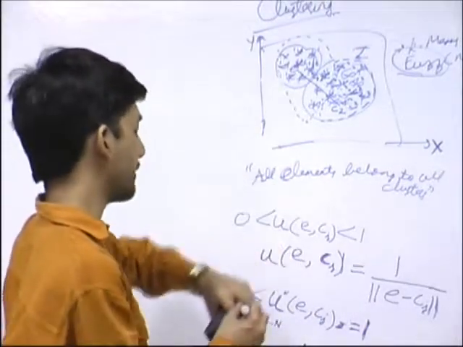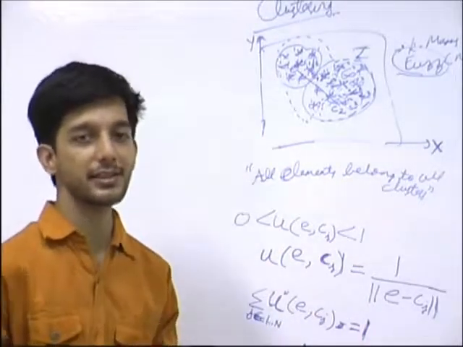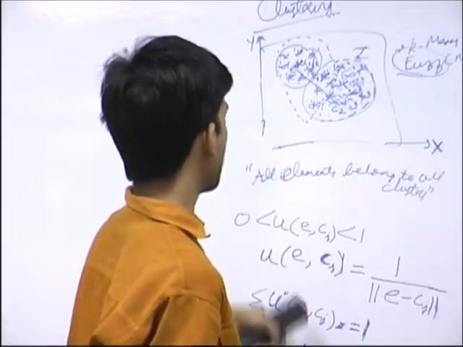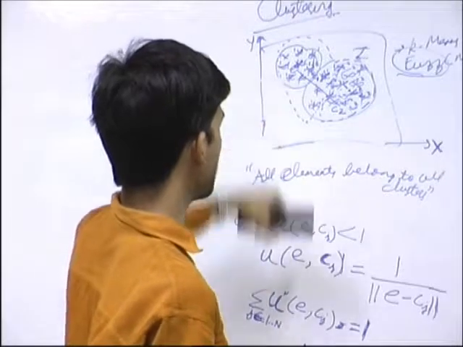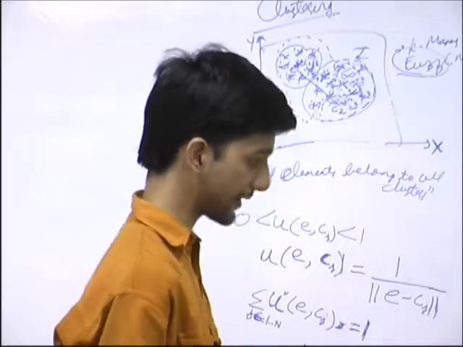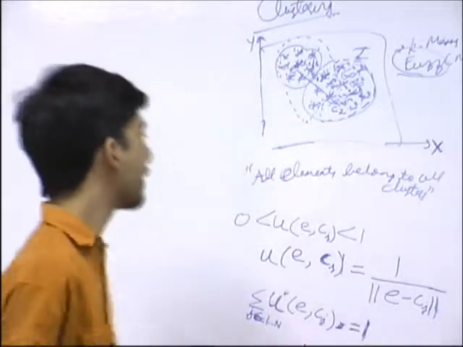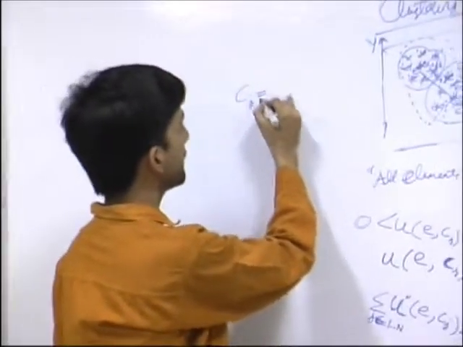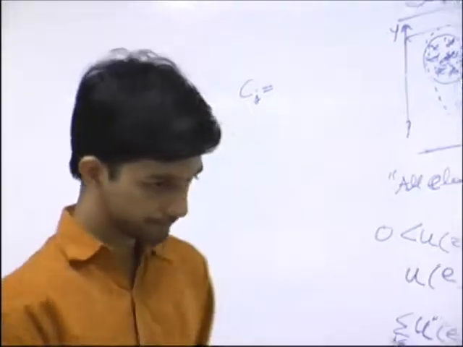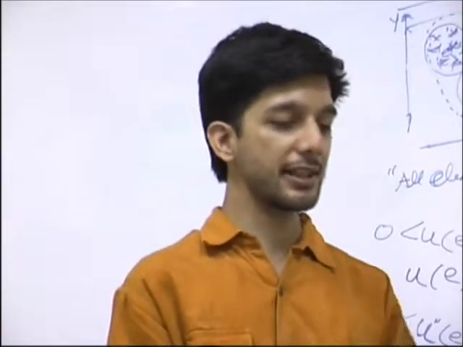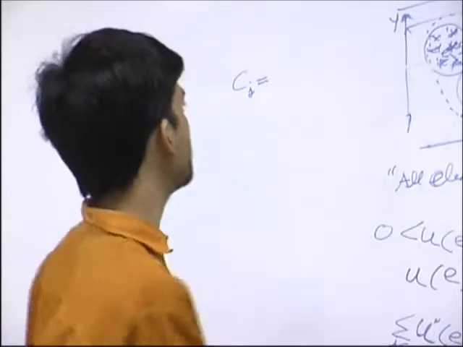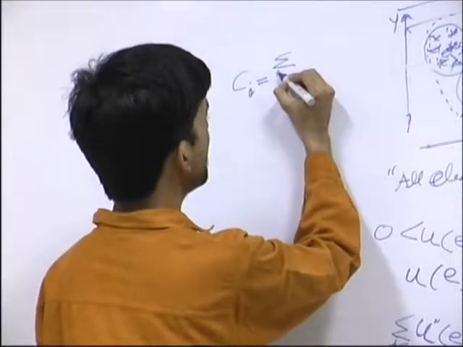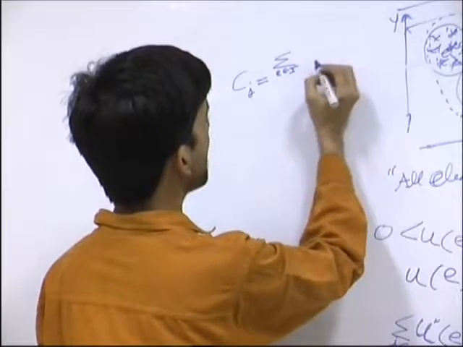All I need to do now is to modify the cluster centers in such a way that, using this membership, I calculate the cluster centers. Now I need to modify the cluster center Cj. The cluster center is again a simple arithmetic mean. So all I need to do is summation over all elements E that belong to the cluster.